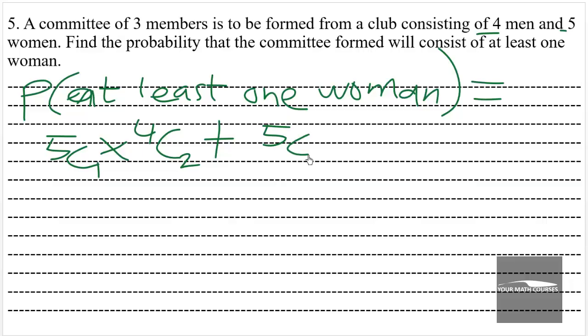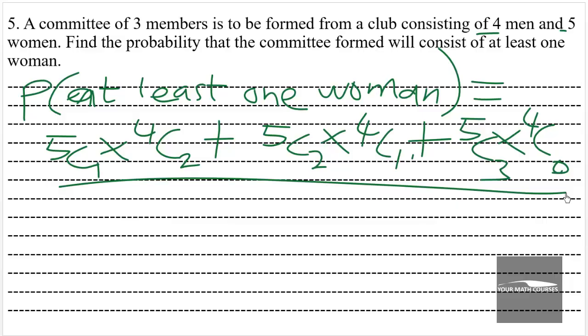So we have 5 combination 2 ways of doing that. And the remaining must come from the men. That will be 4 combination 1. Or all the 3 people in the committee are women. So no one in the committee is a man. So we divide all of these by the number of ways we can choose 3 from a total of 9 people, 4 plus 5. That will be 9 combination 3 ways.